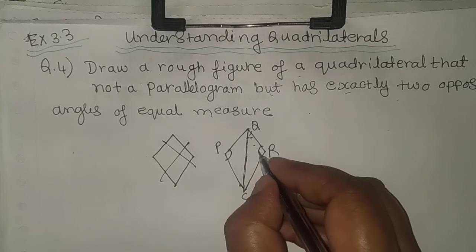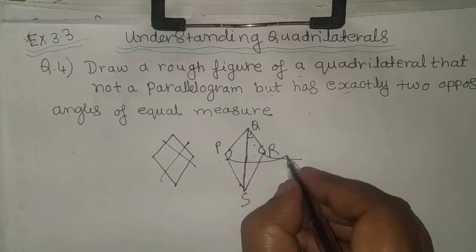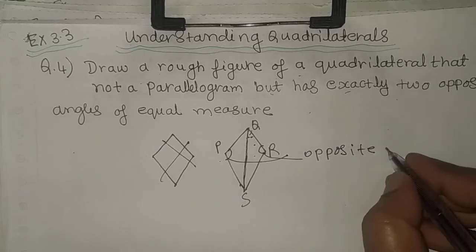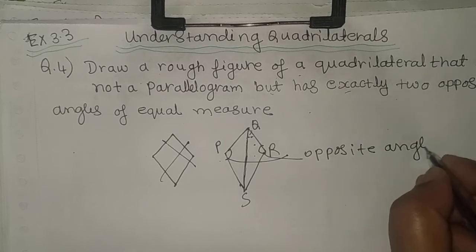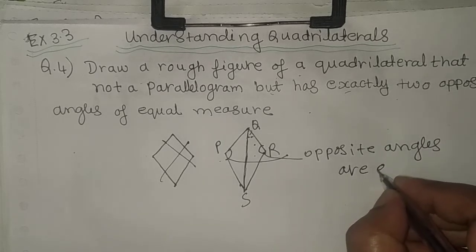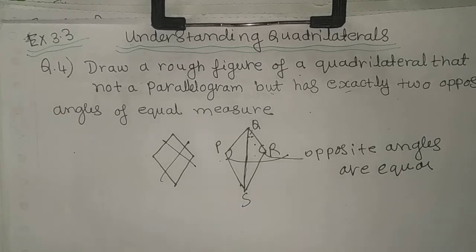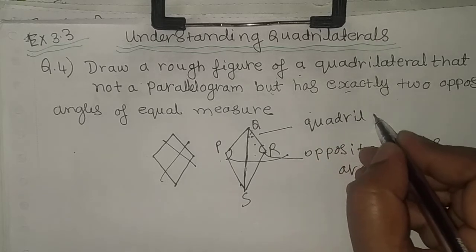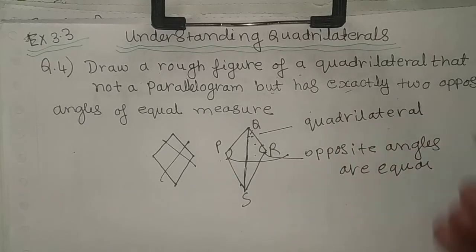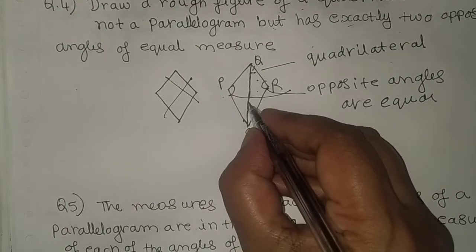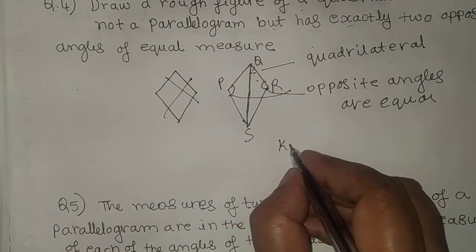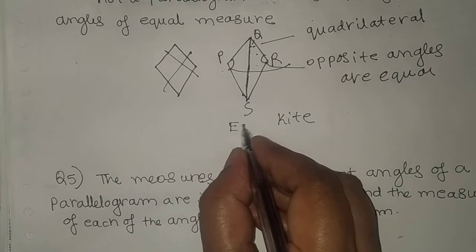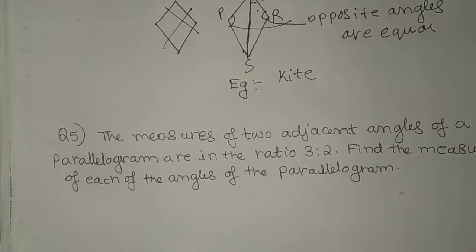See, these two angles are opposite angles, and opposite angles are equal. They have asked just to draw a rough figure. So this is the solution for this question. We can name this diagram a kite.